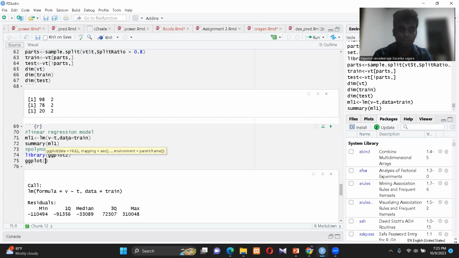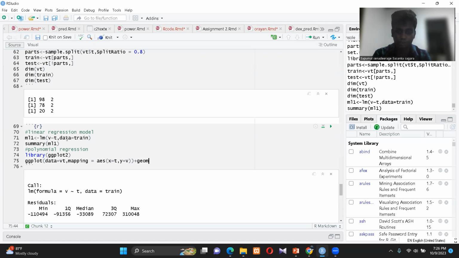To check how to plot with a higher efficient, VT, mapping aesthetic x equals time and y equals velocity.